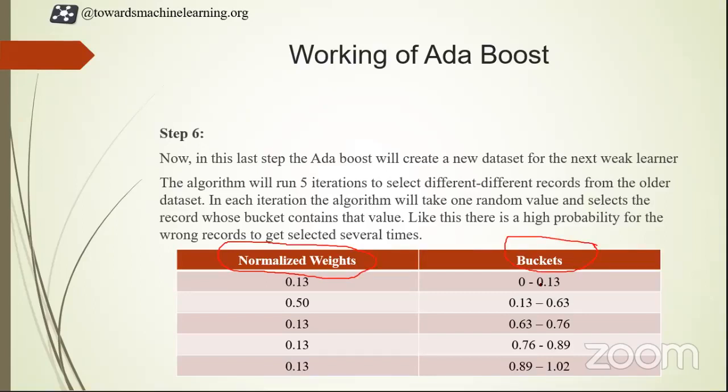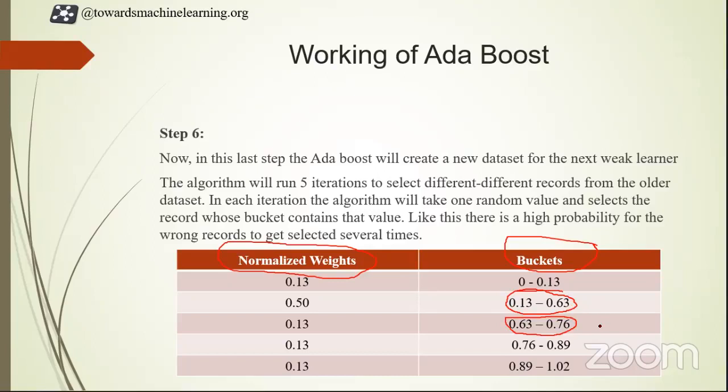Now AdaBoost will create the buckets. 0 to 0.13. Now from 0.13, you add 0.50, you will get 0.63. So 0.13 to 0.63 is in the bucket of the second record. Then 0.63 plus 0.13 is 0.76, so 0.63 to 0.76 is in the bucket of the third record.